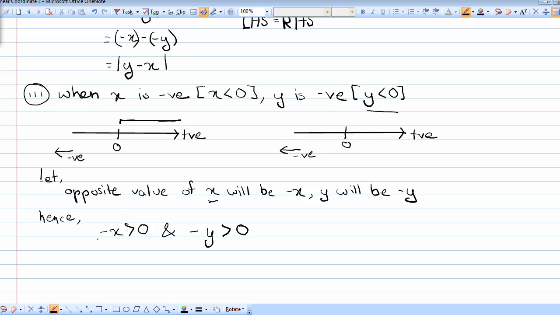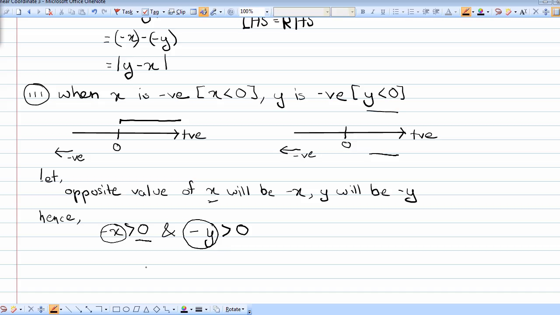So the opposite side, which is the positive side right now, contains all the numbers that are greater than 0, meaning all the positive real numbers. And hence for y similarly, with minus y we are referring to the positive side of the real number line, and the positive side will contain all the values that are positive real numbers.